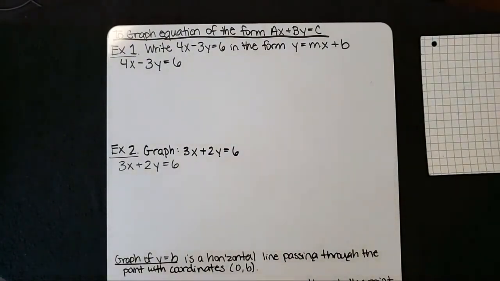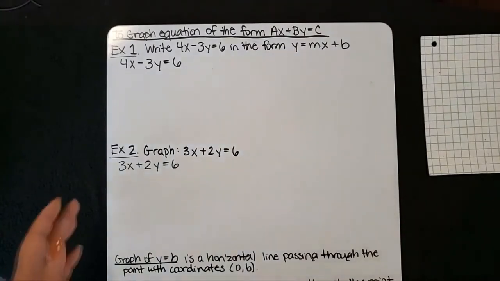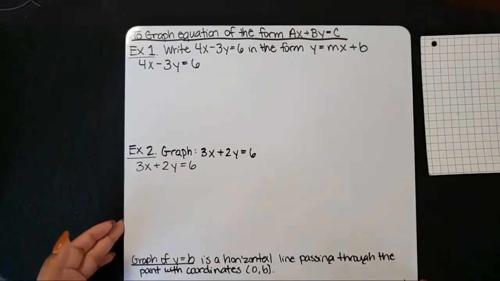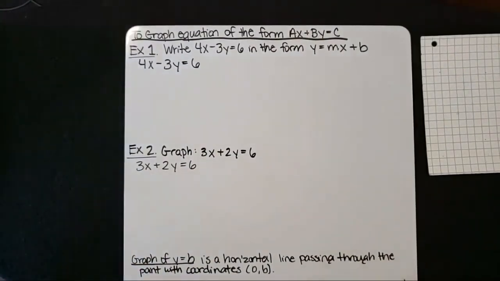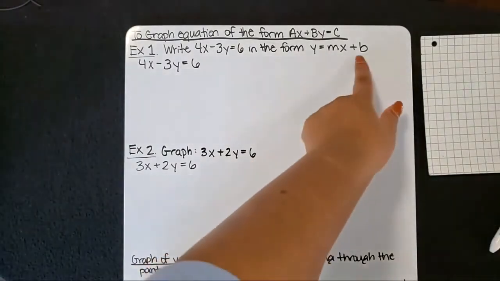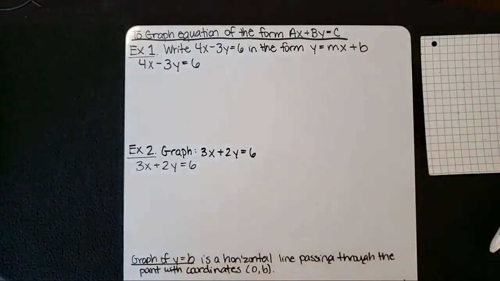And then we can use our x and y intercepts to graph it as well. So first, let's look at example 1. We need to write 4x minus 3y equals 6 in the form y equals mx plus b. The slope is m and the y-intercept is b.